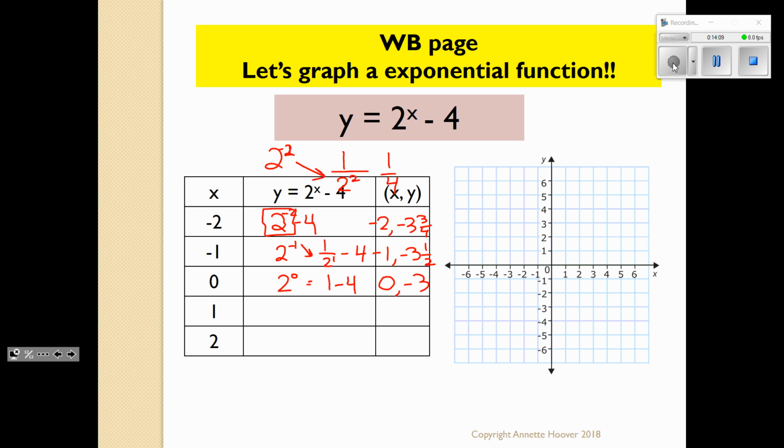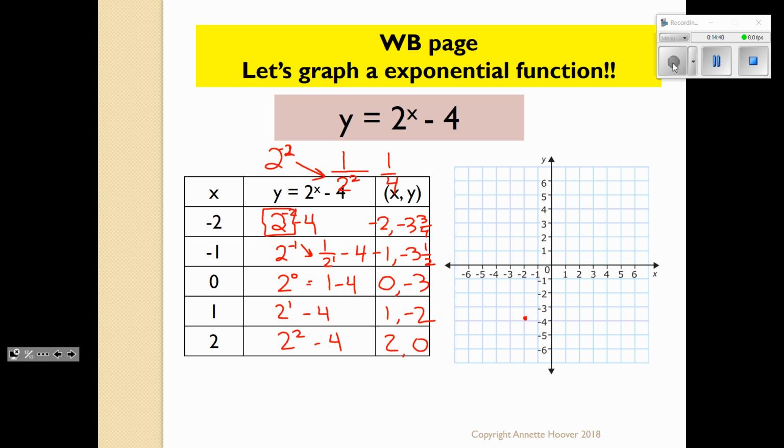If you plug in 1, 2 to the first power is 2. Minus 4 is -2. And if you plug in 2 for the exponent, 2 squared is 4, and 4 minus 4 is 0. So let's look at this over here and see if we can graph it now. We have -2, -3 and 3/4, so you go down almost to -4.